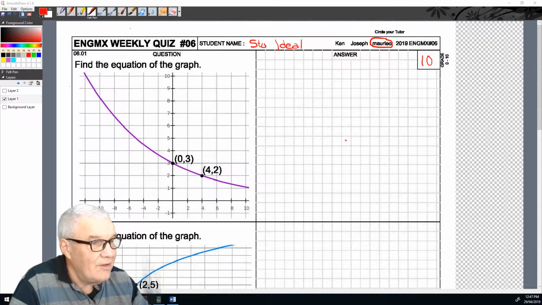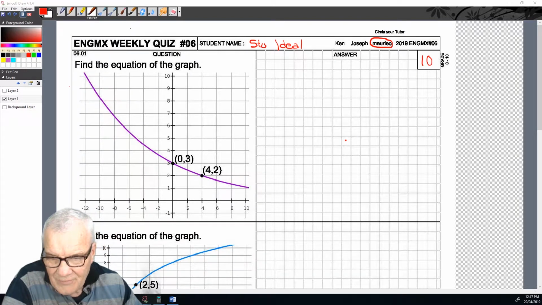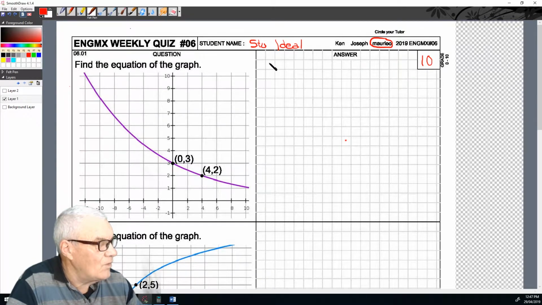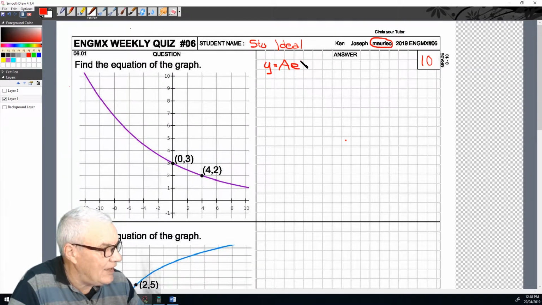So what we know is that it's going to have the equation y equals a e to the negative kx. This is the standard form of the equation.